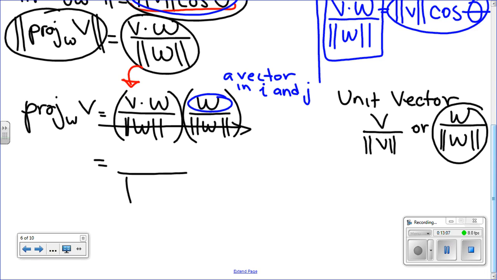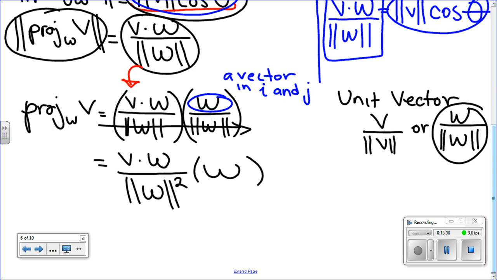The magnitude of W times the magnitude of W, so we get magnitude squared. Yes. Here we have the dot product of V and W, and then what we're going to have here is times W.